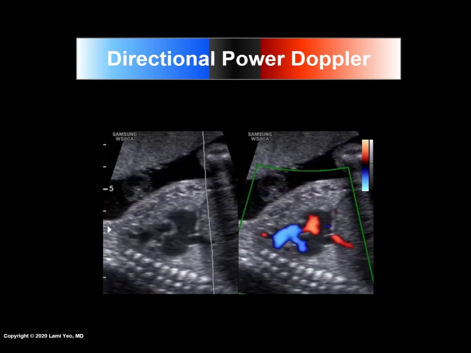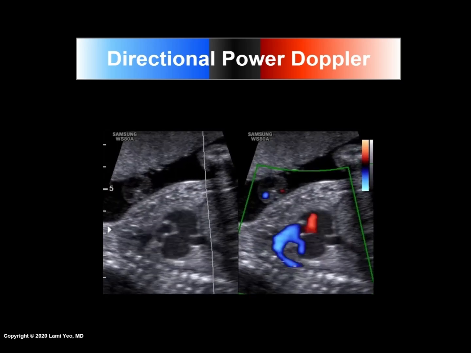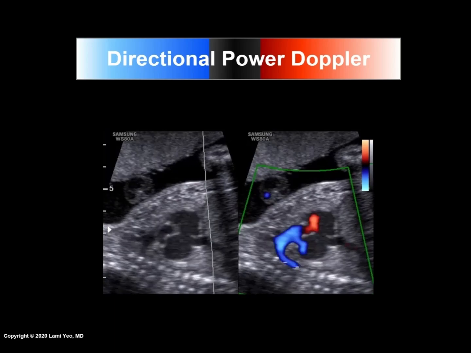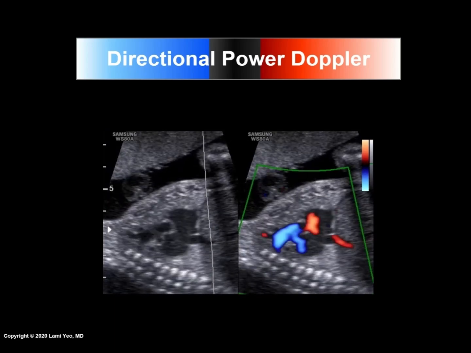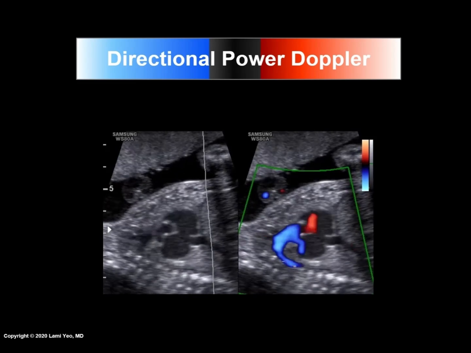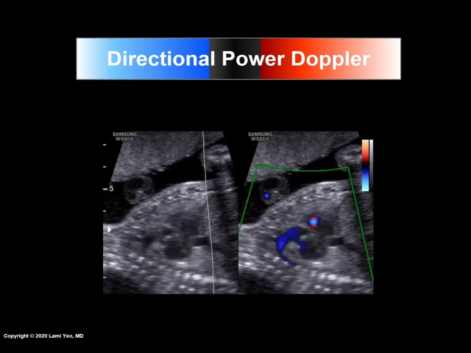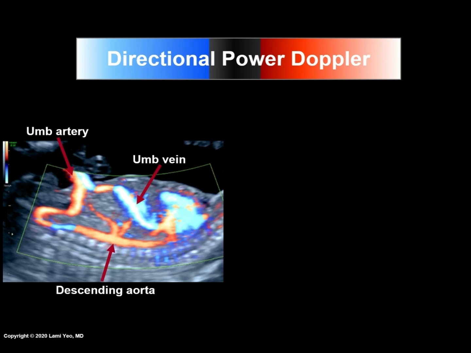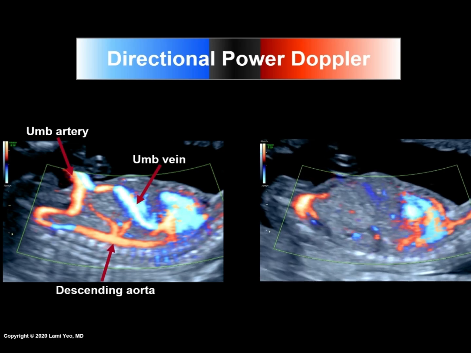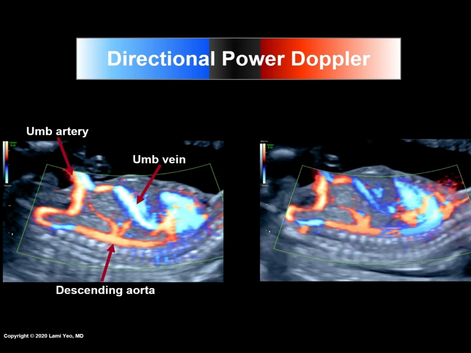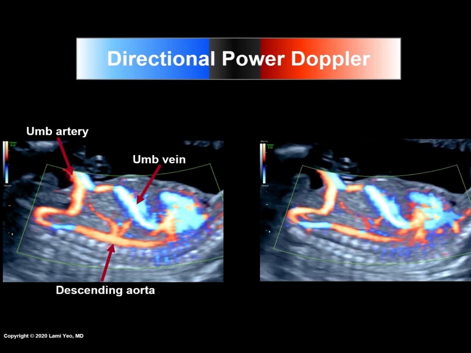Here's an example of both the aortic and ductal arches examined using directional power Doppler or S-Flow. Remember that directional power Doppler can show a higher resolution and sensitivity compared to color Doppler. Here, the fetal circulation is nicely demonstrated using HD flow.